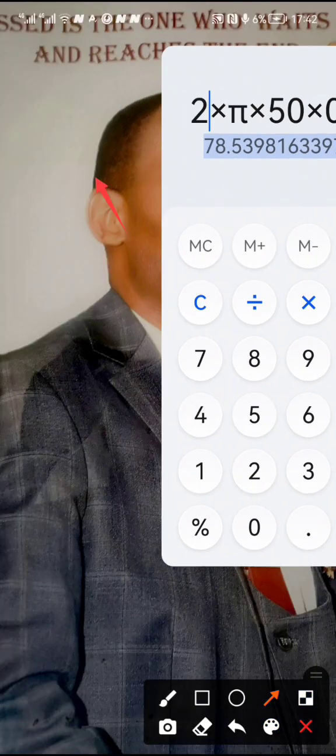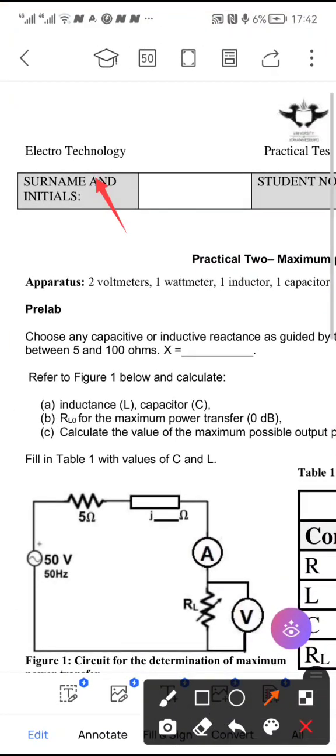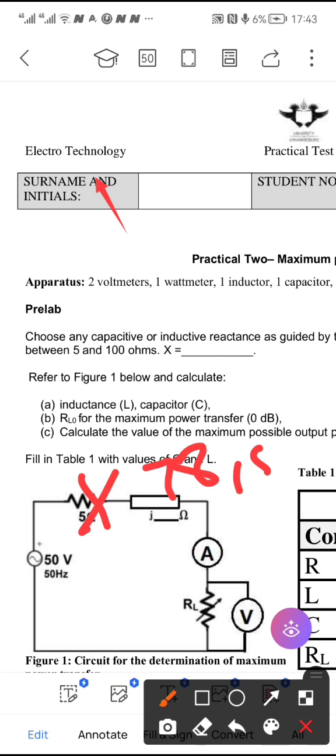Now, I already explained to you that I ignore the value of the resistance there. I'm not using the resistance. So now it means my internal resistance, in this case, will be 78.5.